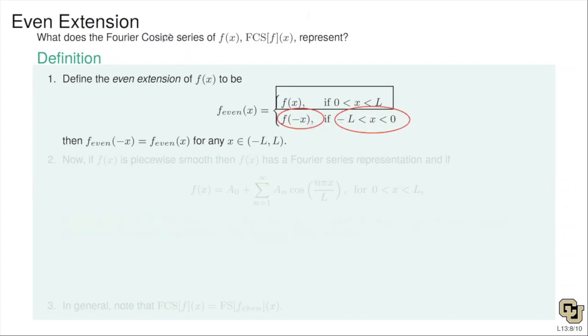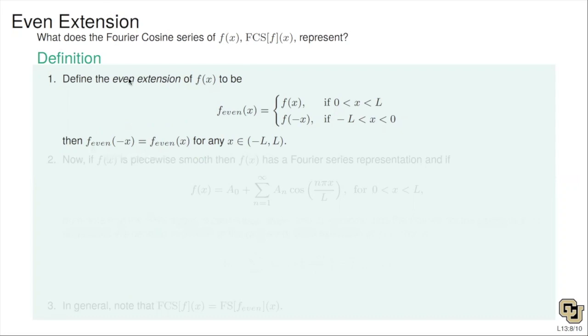Think about it geometrically. If I have some f of x, replacing the x by minus x just reflects it, and you end up with an even function. So the even extension of f of x, by construction, is itself an even function. f of negative x equals f of x for the even extension.